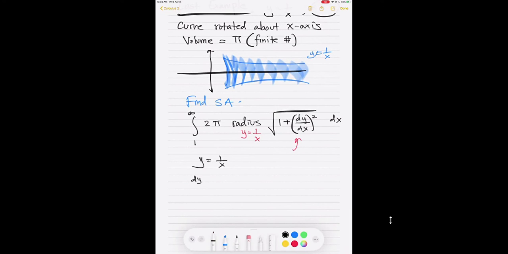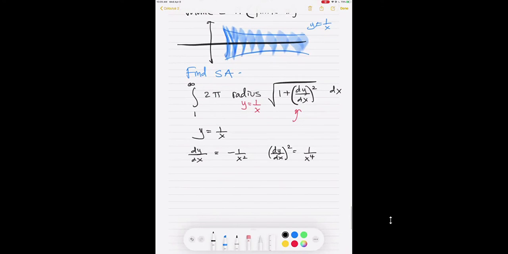So dy by dx is negative 1 over x squared. So dy by dx squared is going to be 1 over x to the 4th. Now we add 1 to it, which is going to be 1 over x to the 4th plus 1, which is 1 plus x to the 4th over x to the 4th.